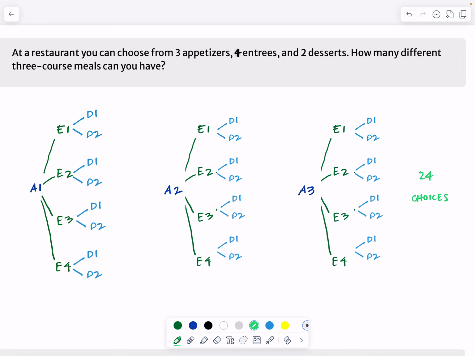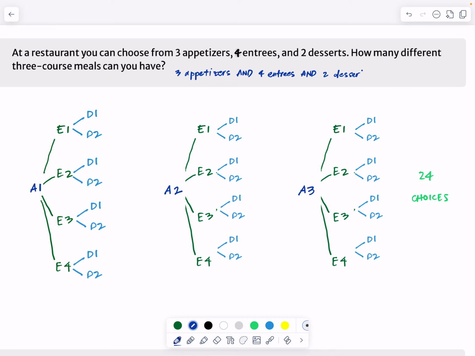But the quick rule that we can use is, really what we're doing here is we're picking from 3 appetizers and 4 entrees and 2 desserts.